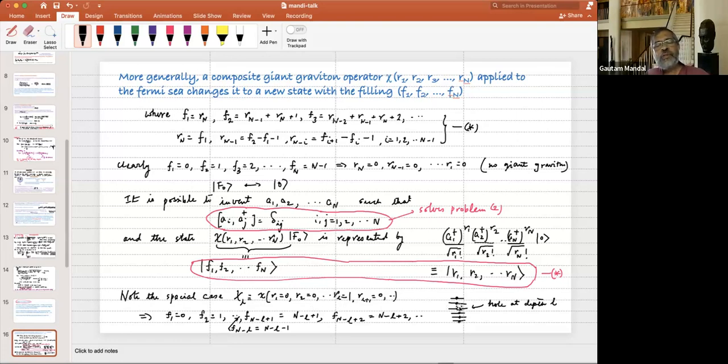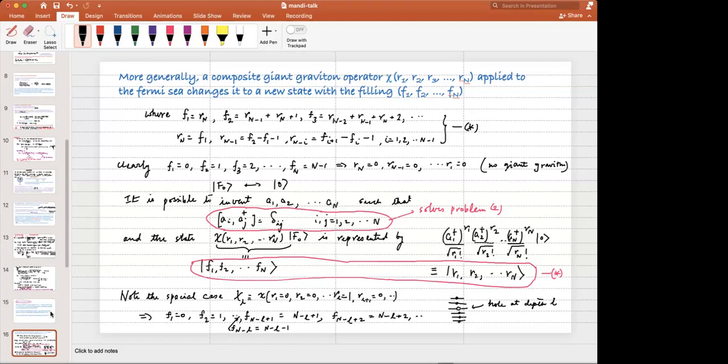And you can show that the filling corresponds to skipping this hole, this state, and creating a hole here. So here the index I of A subscript I will determine the angular momentum.